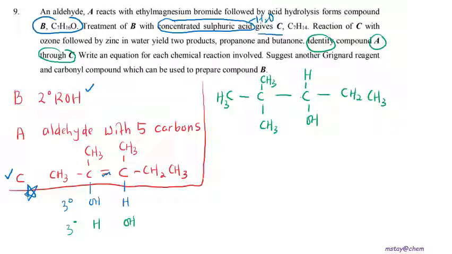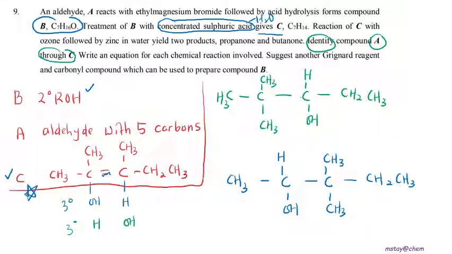Another possibility is that the CH3 is shifted to the right-hand side. So here will be CH3, CH3, and since it already rearranged, here will be hydrogen and oxygen, and then CH2, CH3. So both of these are also secondary alcohols.